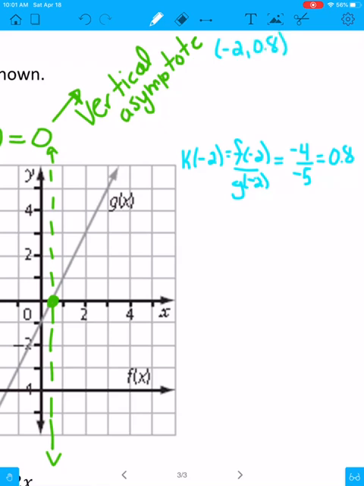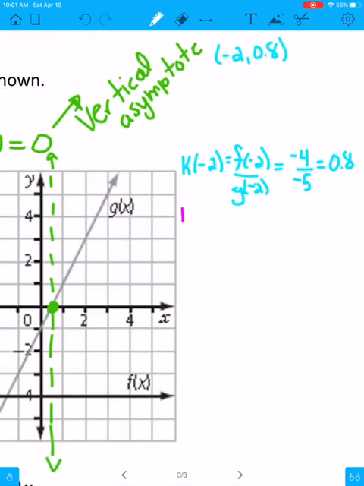Okay, then I have k of negative 1. I'm going to do it in a different color. K of negative 1 is f of negative 1 divided by g of negative 1. F of negative 1 is negative 4.